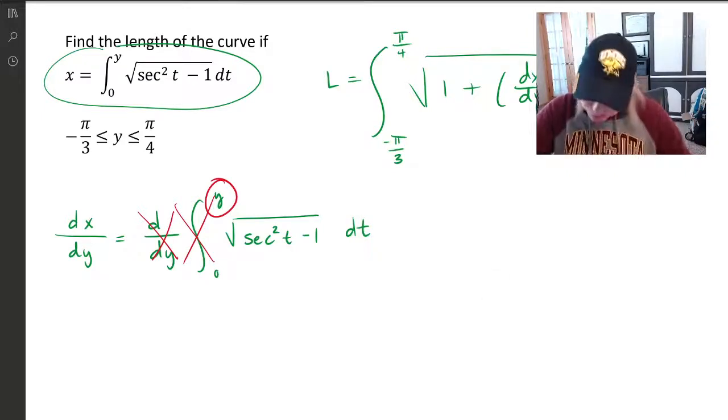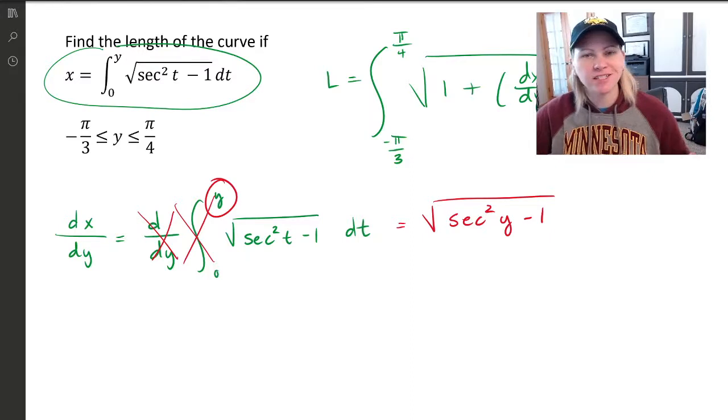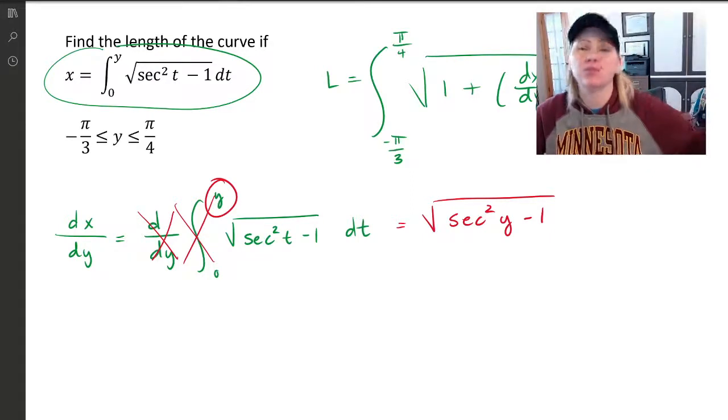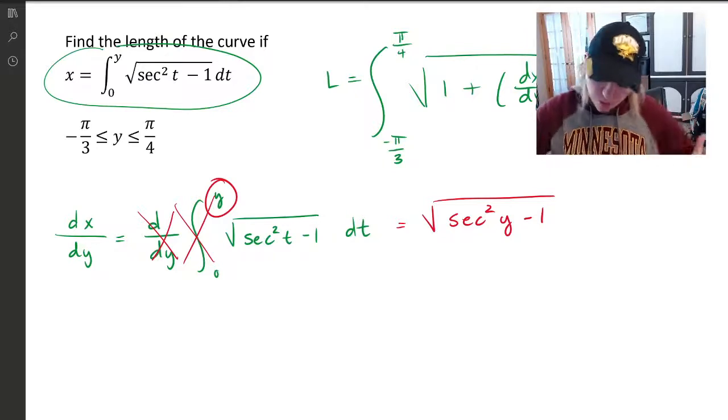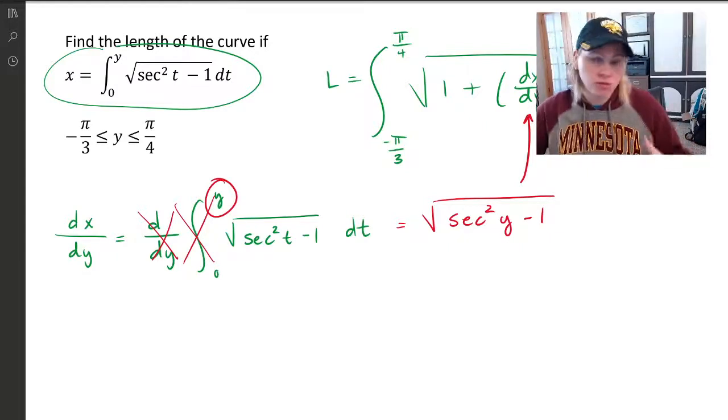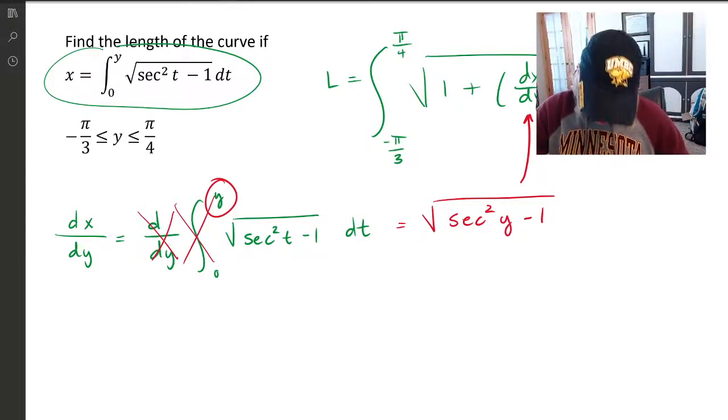But essentially, the derivative here just turns into the function rewritten with the variable. I just replace the t with the y. Or if it was y squared, I'd replace it with y squared and then multiply by the derivative of that upper limit. This is my derivative that I'm going to plug in, and notice I'm going to be squaring a square root, so it's going to cancel out. It's going to be really nice.